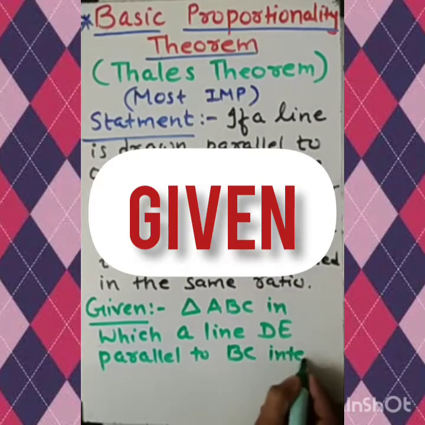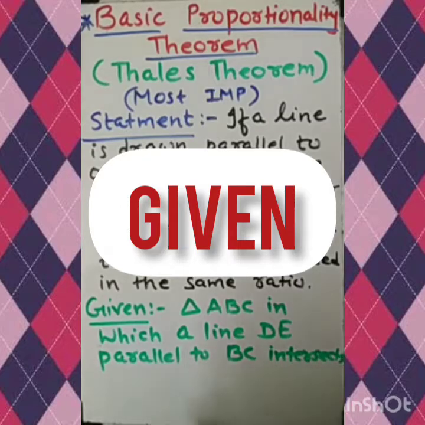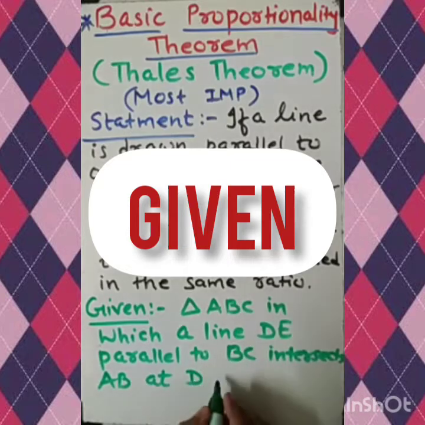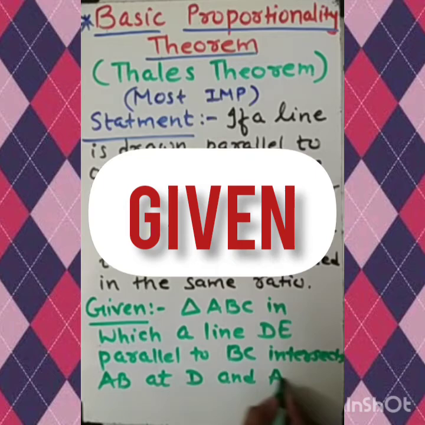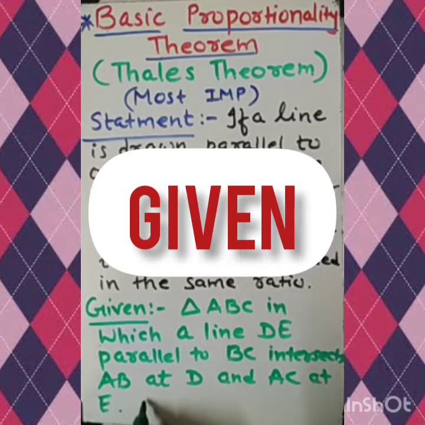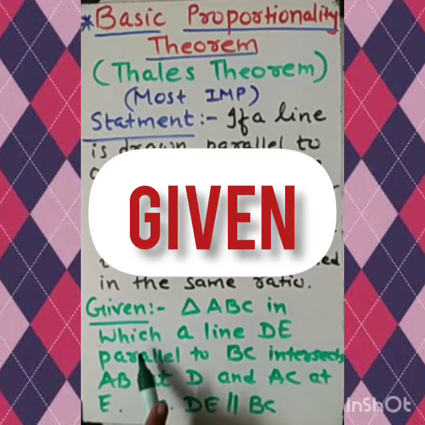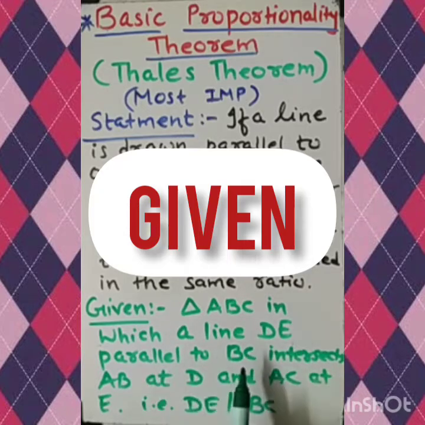This we are already given: in triangle ABC, a line DE parallel to BC intersects AB at D and AC at E, that is DE parallel to BC.